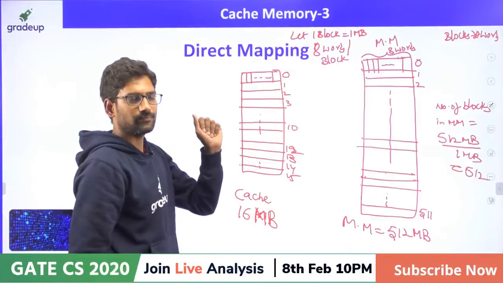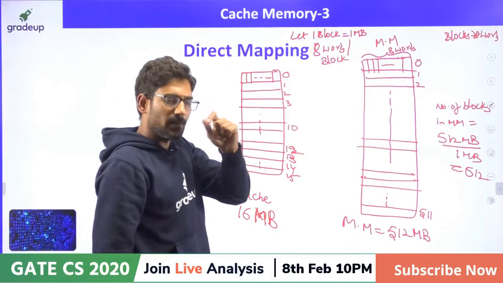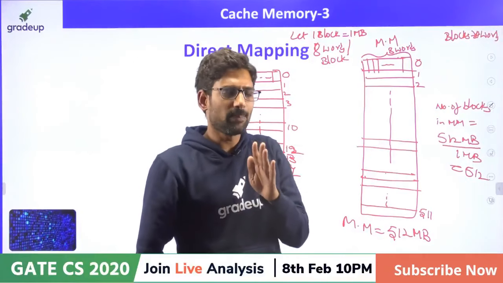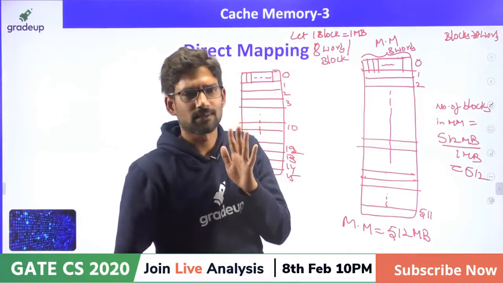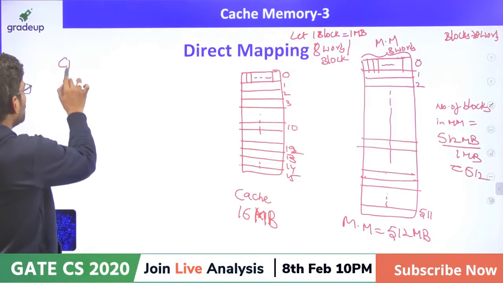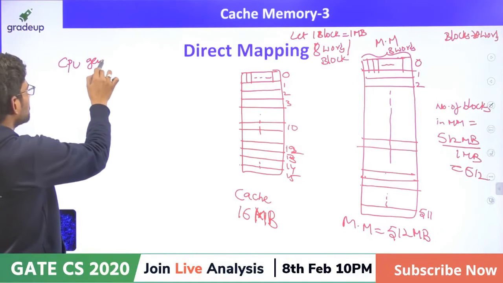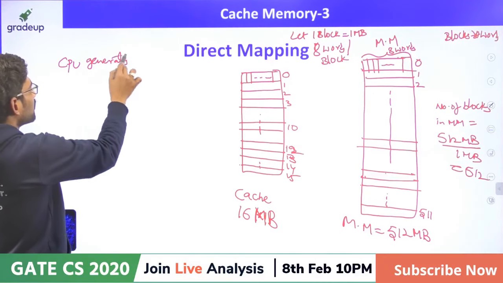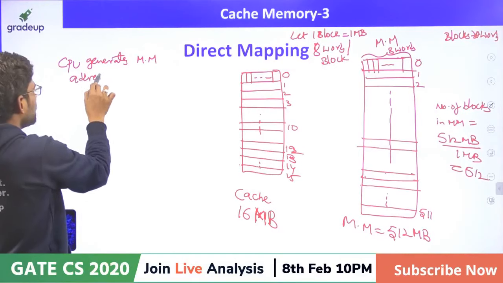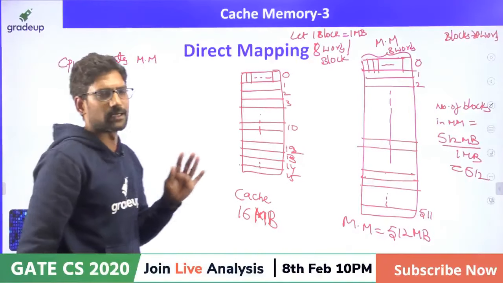Now, what address does the CPU generate? CPU always generates main memory address. CPU will not give cache memory address.